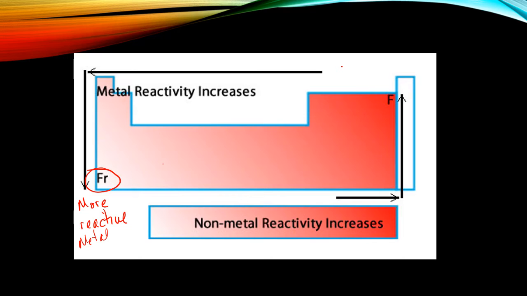And the farther you get, the less reactive it gets. The farther you get, the less metal-like behavior it would have. And of course, we're going to ignore the noble gases.